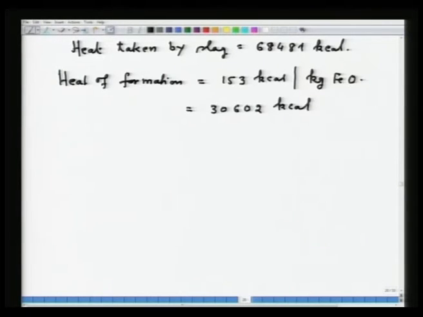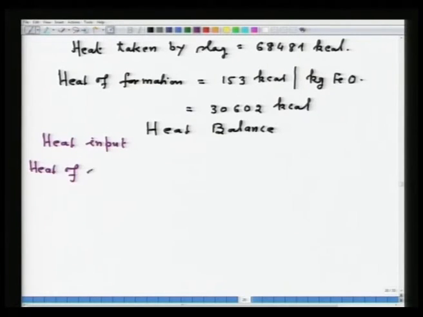Now, we can do heat balance. So, let us do now heat balance. This side is heat input. In the heat input, first is the heat of reaction, and this heat of reaction is 562,539.